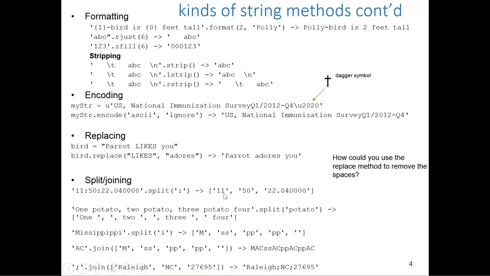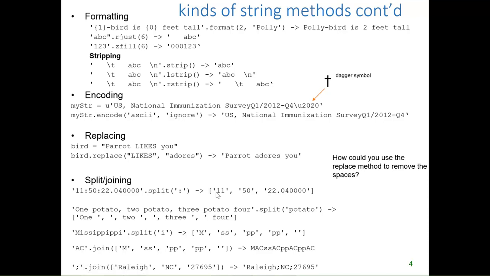If we want to get those separate parts, we could split the string on colon. When we split the string on colon, we get back the parts 11, 50, 22.0400.